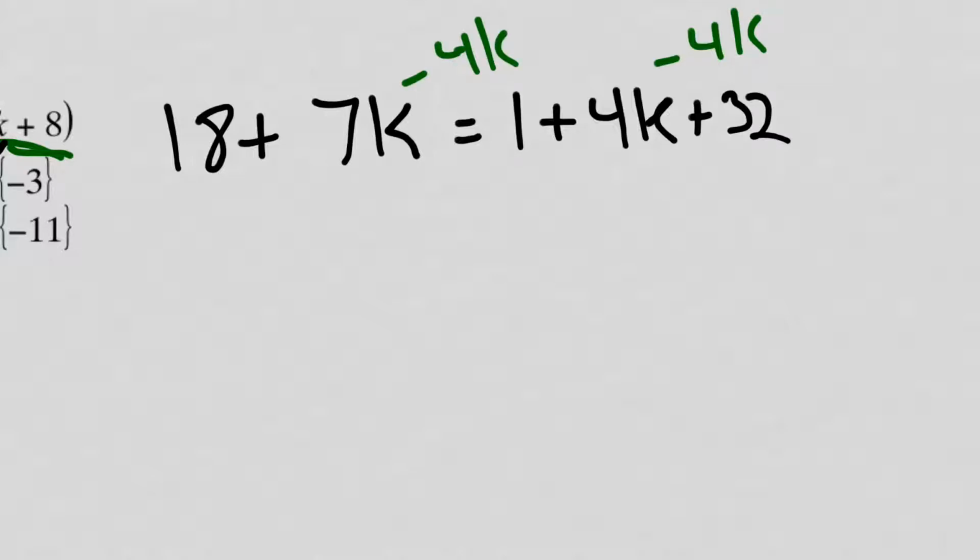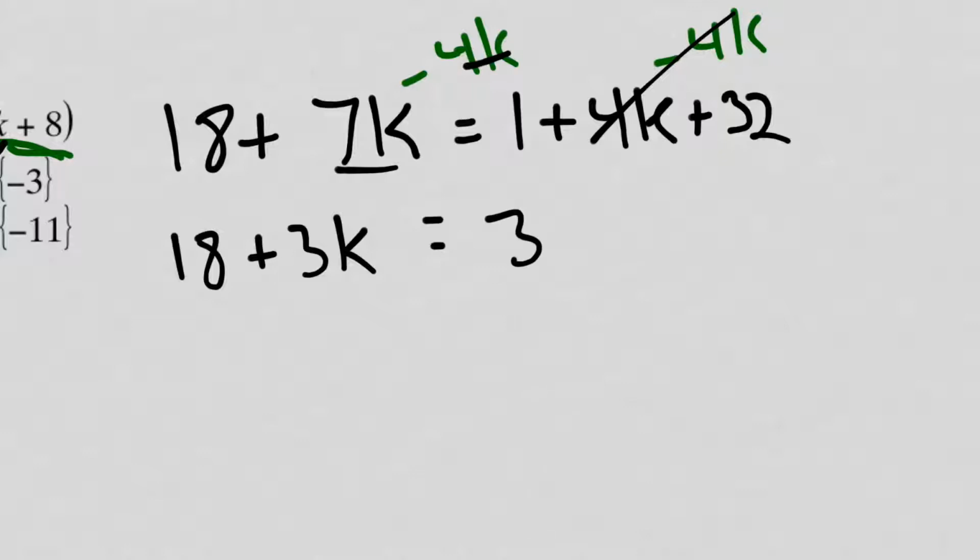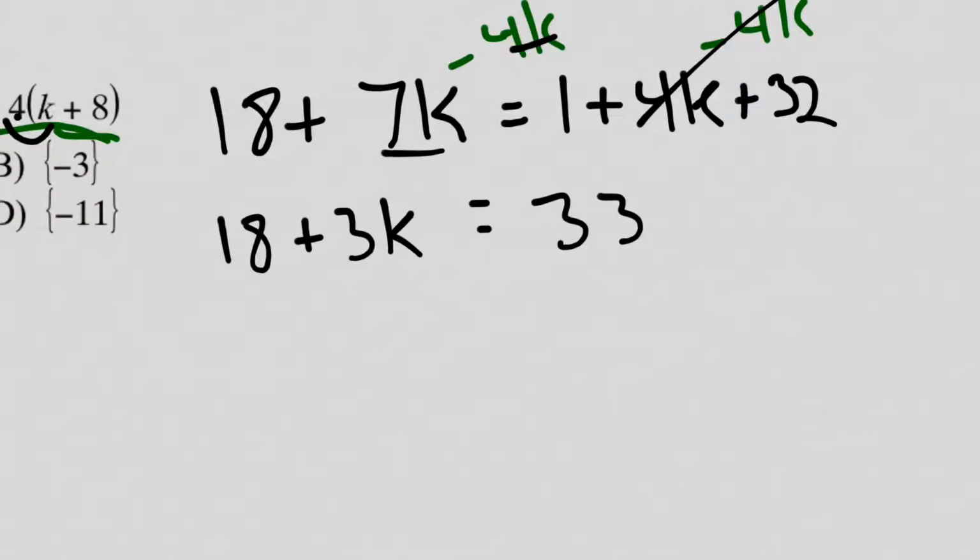And what that does is leaves me with 18. Well, 7k minus 4k is 3k, and on the right-hand side those two added up to be 0, and we have 1 plus 32, which is 33.